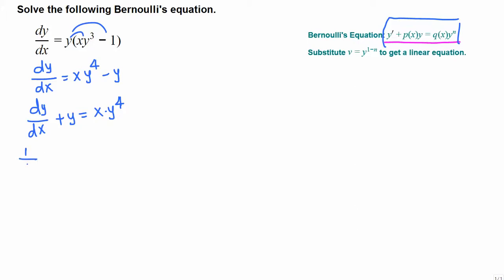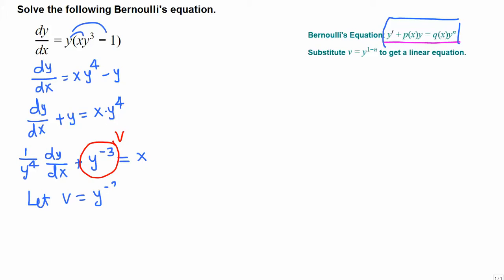So 1 over y fourth times dy over dx plus y over y fourth, so y to the negative 3, equals x, and this is the v we were talking about earlier. So let v be y to the negative 3, and then take the derivatives of both sides with respect to x.